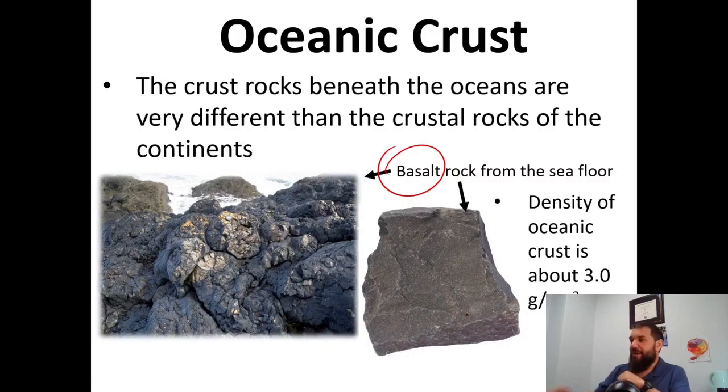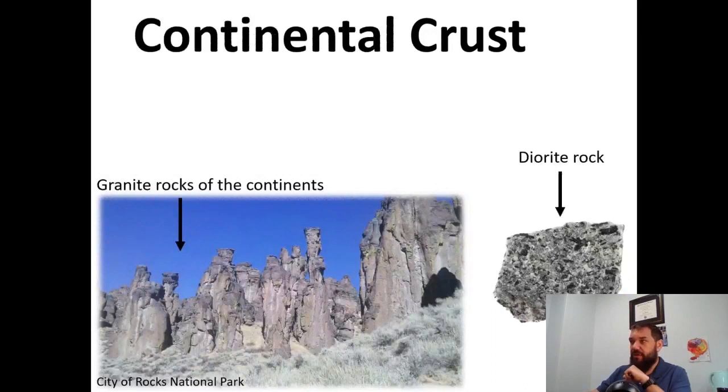But anyway, the density of the ocean crust is about 3.3 grams per cubic centimeter. You notice that's a lot less than the bulk Earth. And I want you to keep this number in mind, because we are going to compare this to the continental crust in just a minute.